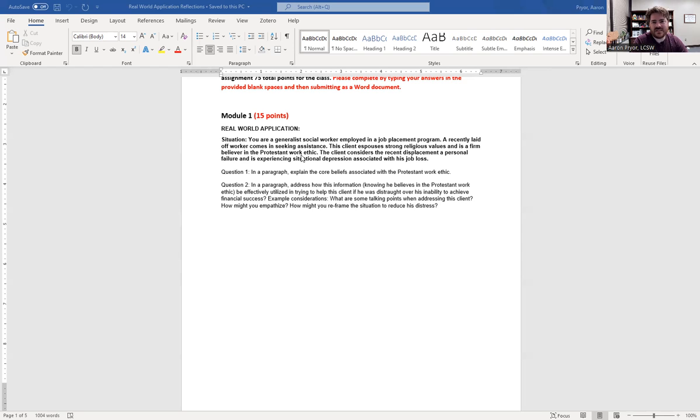In the readings, it's going to talk about this pervasive cultural belief that the harder you work, the closer you are to godliness. It's almost hidden in our society, but so very prevalent. It's the idea that you've got to pull yourself up by your bootstraps, and the harder you work, the better you can be.